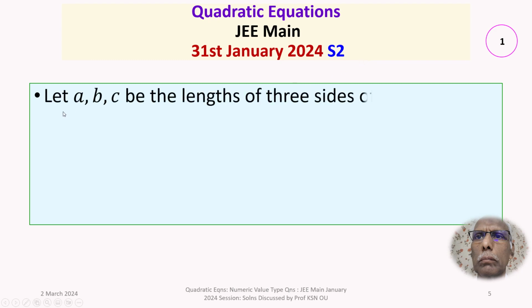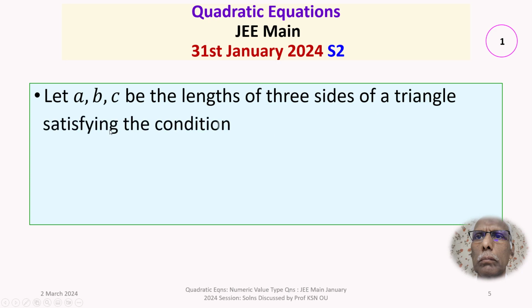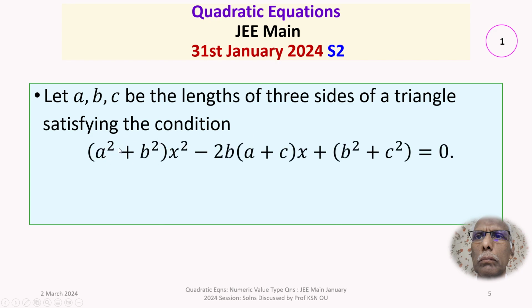The given question is: let a, b, c be the lengths of three sides of a triangle satisfying the condition (a square plus b square) multiplied by x square minus 2b multiplied by (a plus c) multiplied by x plus (b square plus c square) is equal to 0.